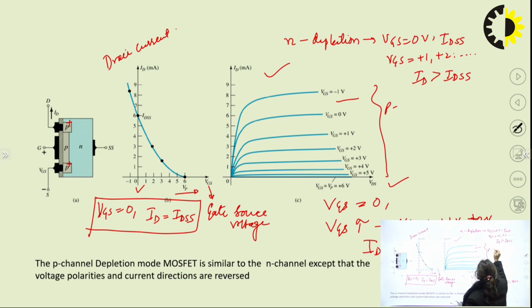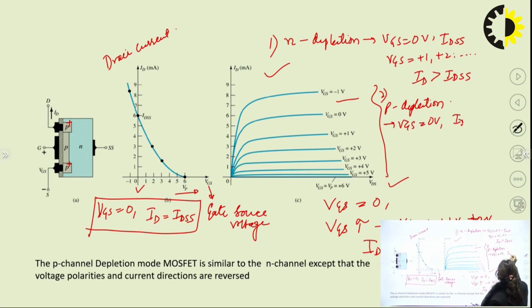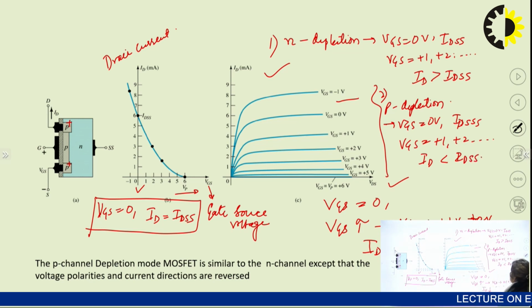But in P type depletion MOSFET, when VGS is equal to 0 volt, there will be some current IDSS, but when you increase VGS to plus 1, plus 2 and so on, ID is less than IDSS, just opposite of the N type depletion MOSFET.